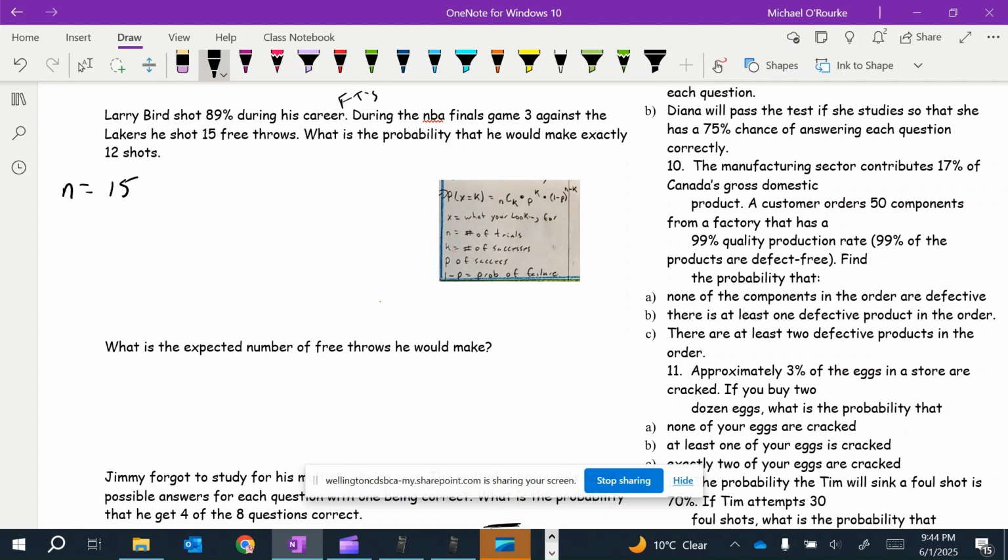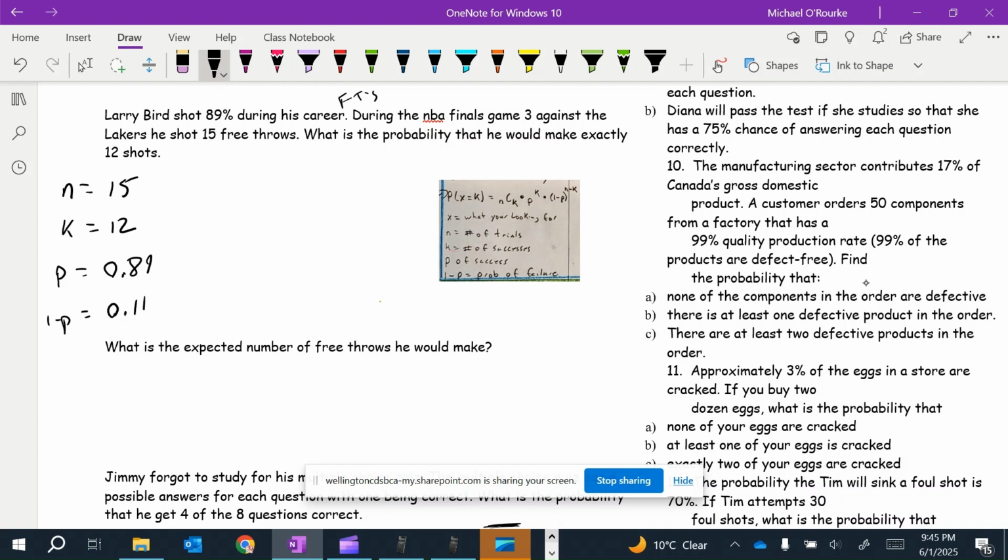And I always encourage you to stop the video, see if you can figure it out yourself, and then make sure it checks out with mine. K is the number of successes, so I want 12 successes. P is the probability of success, so 0.89. And 1 minus P is the probability of failure, so it's going to be 0.11.